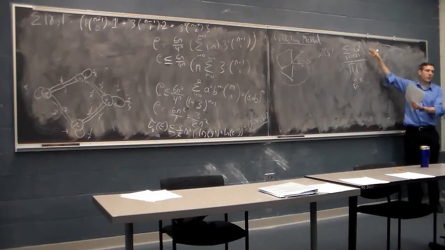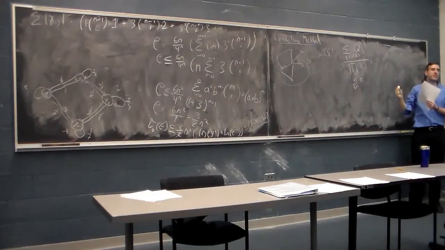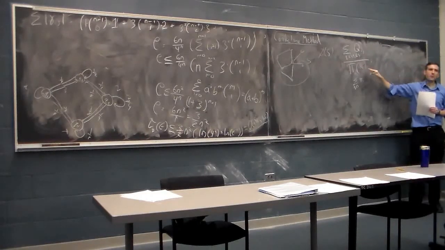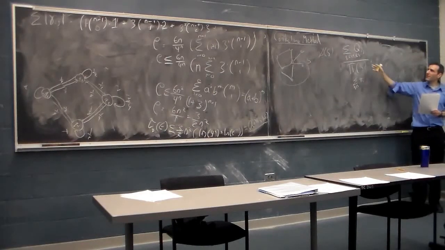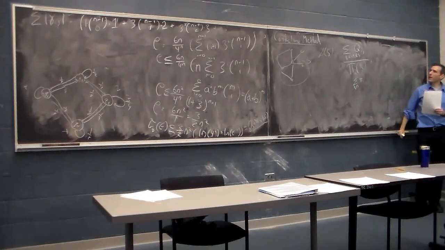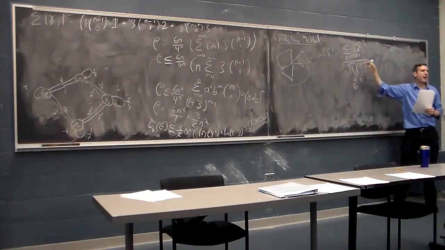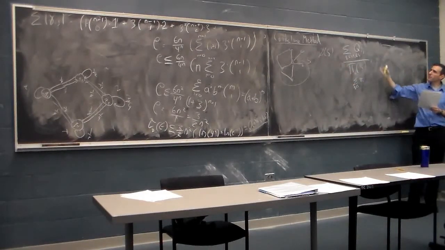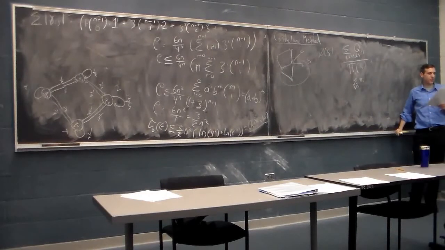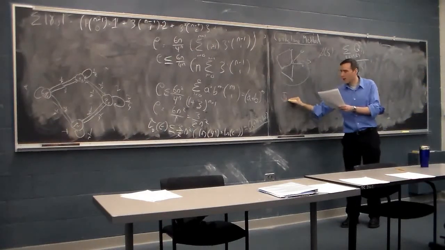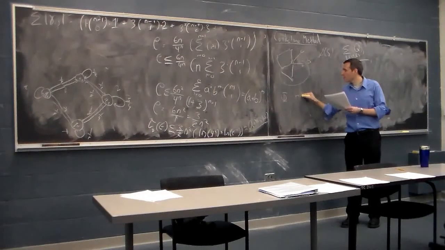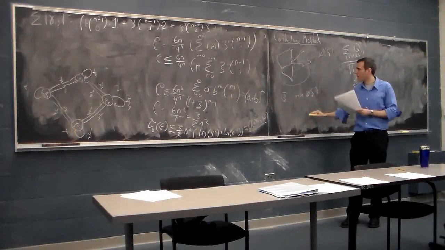So if the numerator is big, then that means it's easy to get in or out of these states. If the denominator is small, then that means you don't spend a lot of time in them. And a model where every subset S has a good conductance, that is a large conductance, is a model where it's hard to get stuck in any subpart of the graph. And so what we can do is use, we'll call this capital phi here, is simply the minimum over all of these phi S's.